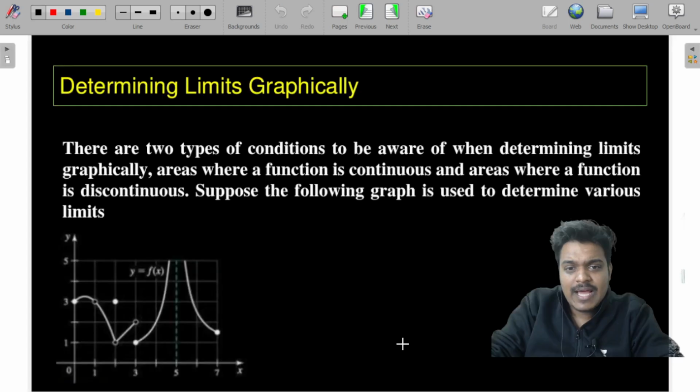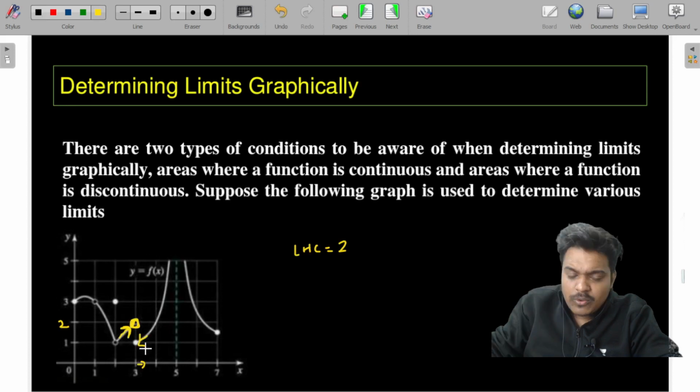I'll directly go to the graph. See, when you look here at 3, the value of the function approaching from the left hand is 2. That is, LHL is equal to 2. But just right of 3, if you try to approach from the right hand side, you will reach a value, RHL at 3 will be equal to 1.